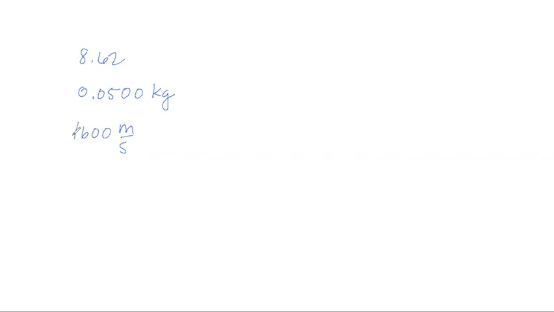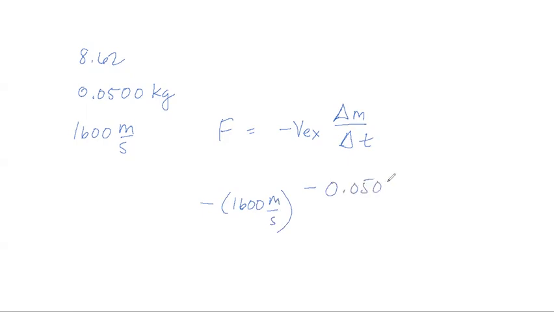So to do this, we're going to use that the thrust, the force, equals the negative velocity of the exhaust times delta M over delta T, that's the change in mass. So this is going to be equal to negative 1600 meters per second times delta M, which is 0.0500 kg.